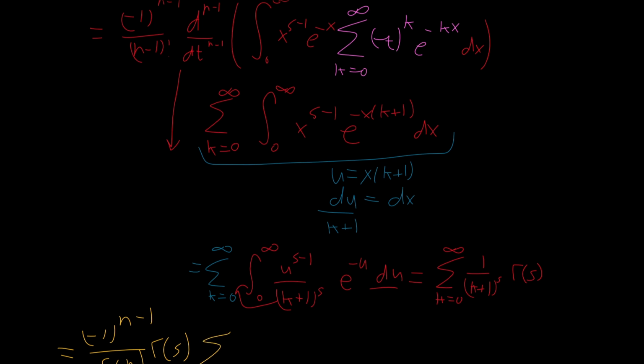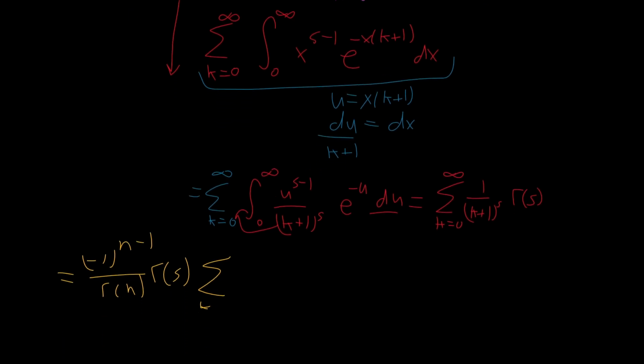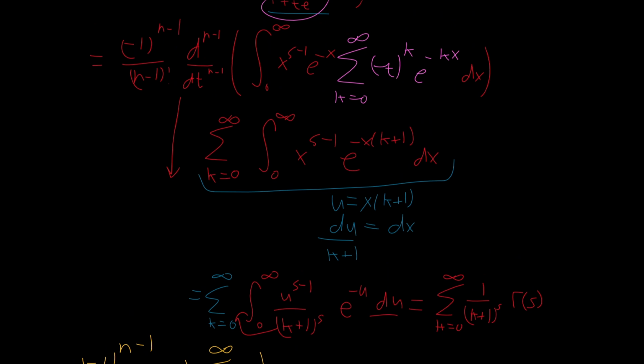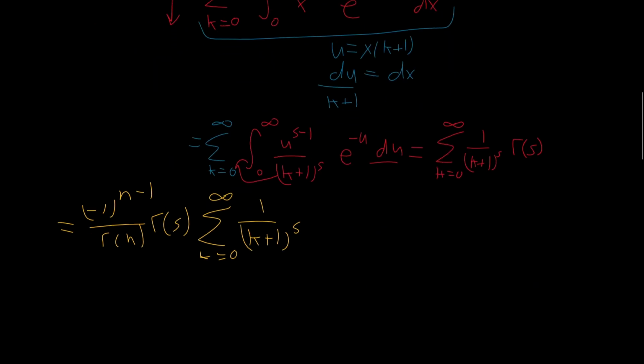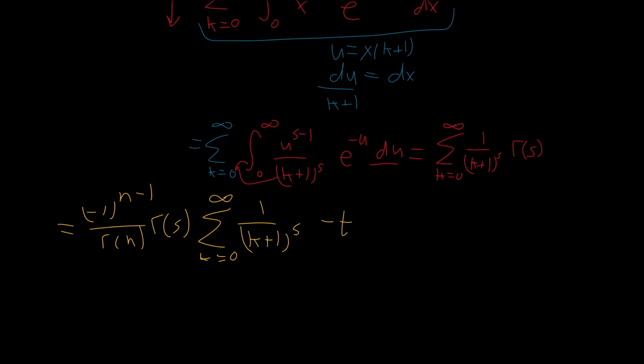So our sum from k equals 0 to infinity of 1 over (k plus 1) to the s, but don't forget about this minus t to the k term right here, times minus t to the k, and then we're going to be differentiating that. Actually, I'll slide that on in here. d over dt, n minus 1, of negative t to the k.